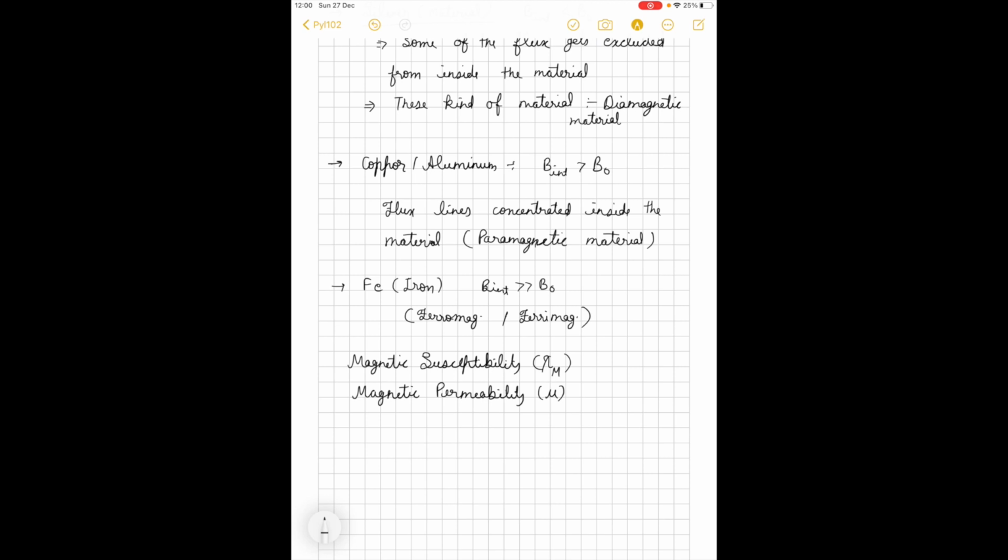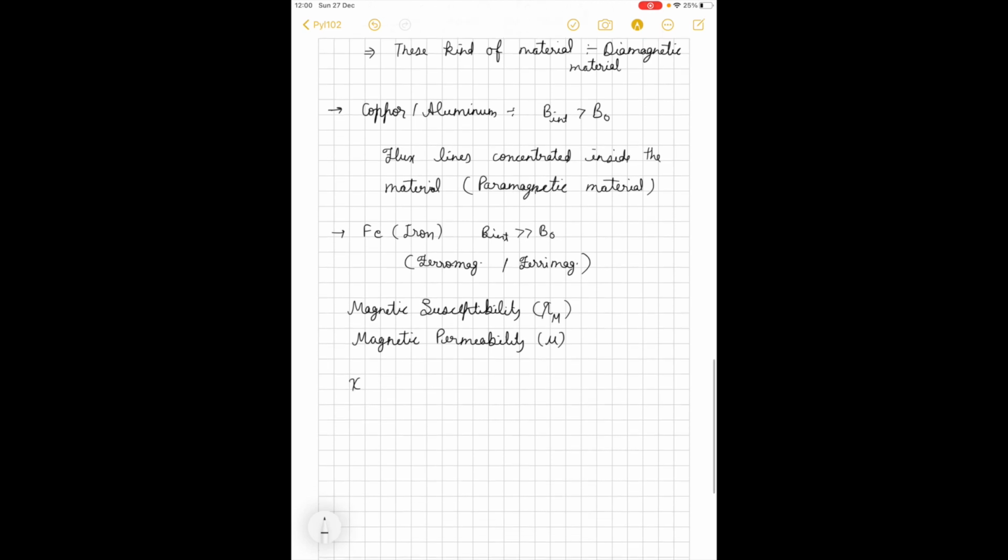So the magnetic susceptibility, first, how is chi m defined? Chi m is defined as a property which relates the magnetization and the magnetizing field, and basically it's a ratio between M and H. So a property that relates M and H, effect and cause.